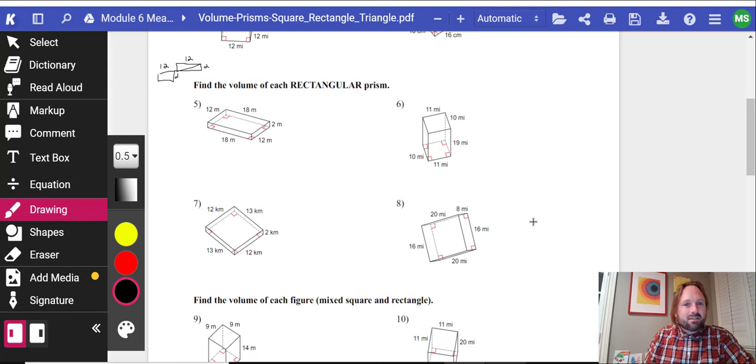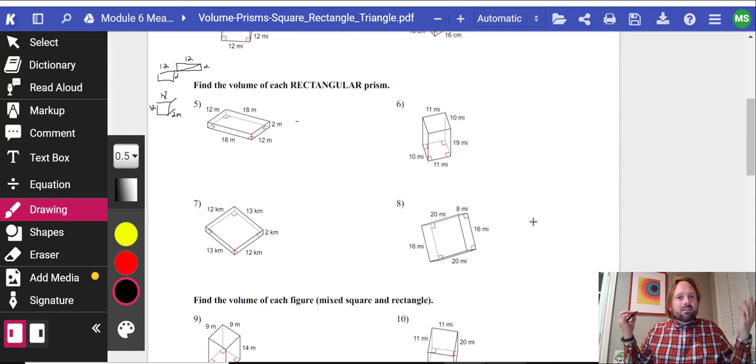The other one we could say is, it's 18 by 12 and it repeats for 2 meters. So it's either a face 12 by 2 and it repeats 18 meters, or this is 12 by 18 and it repeats 2 meters. Does it matter? No, we just have to figure out what shape repeats.